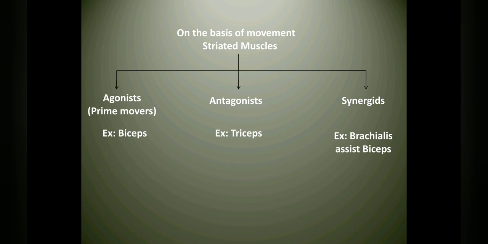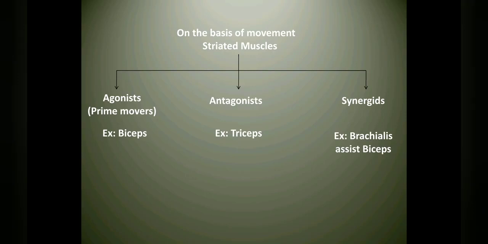Then second one is antagonists, and third one is synergists. Talking about prime movers or agonists, they bring initial movement of any part of a body. Okay, those part which helps in the initial movement are considered as agonist.